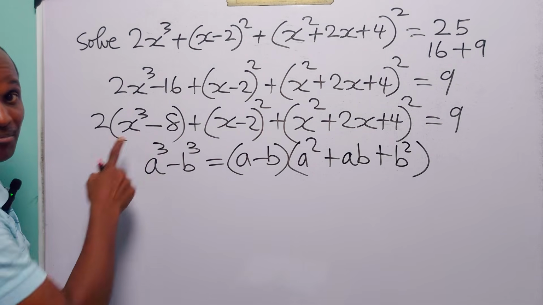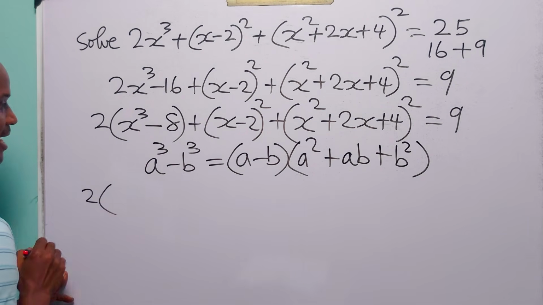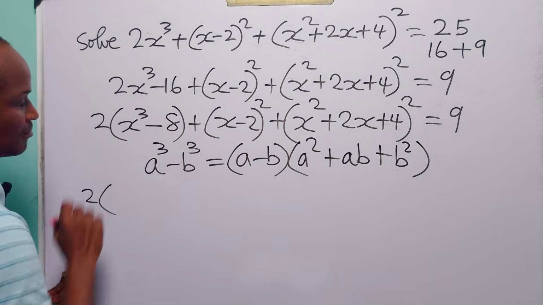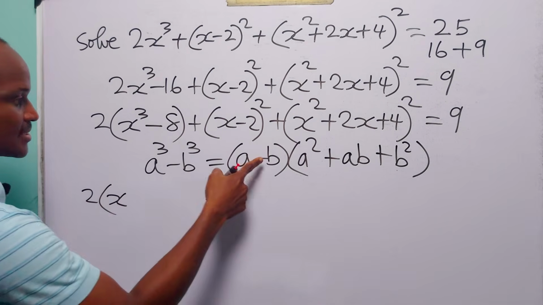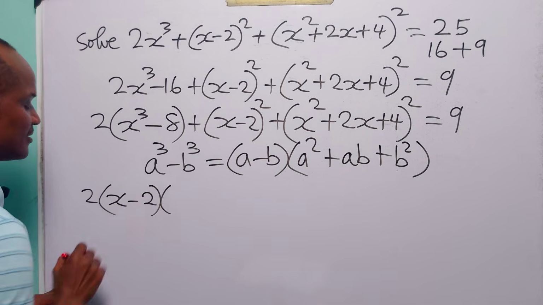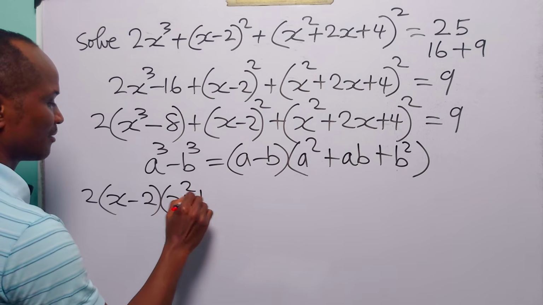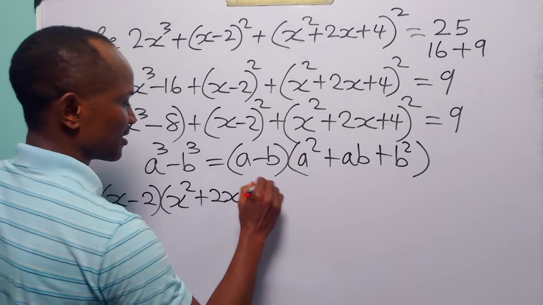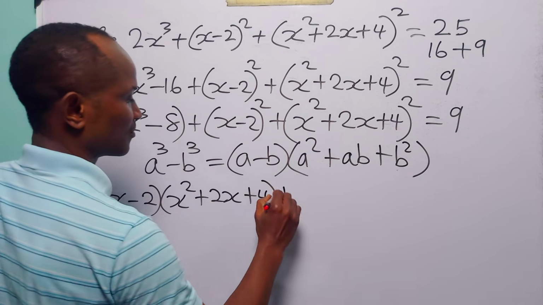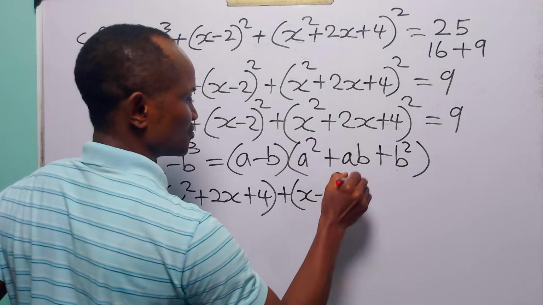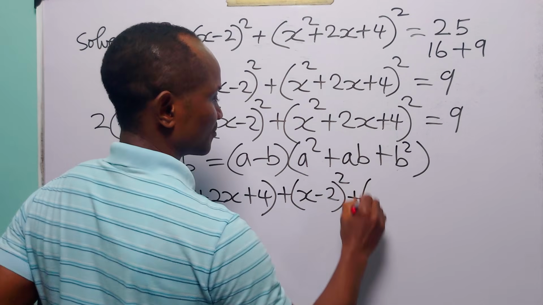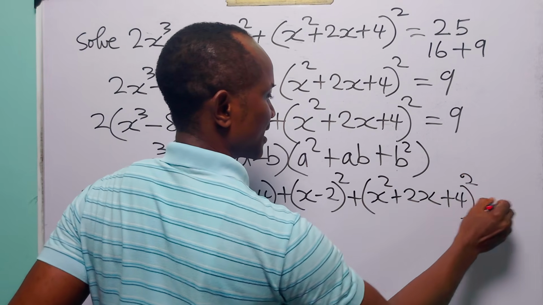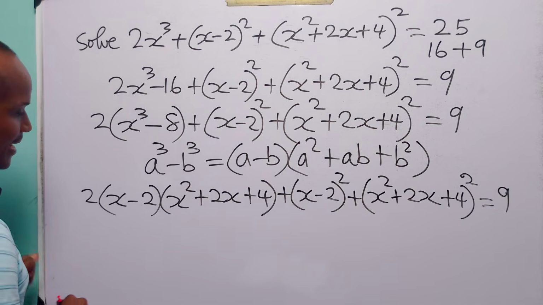So this first term can be written as 2 times, of course you know that a is x and b is 2, (x minus 2) into (x squared plus 2 times x plus 2 squared, which is 4). Then here we have (x minus 2) squared, and here we have (x squared plus 2x plus 4) squared, and everything is still equal to 9.